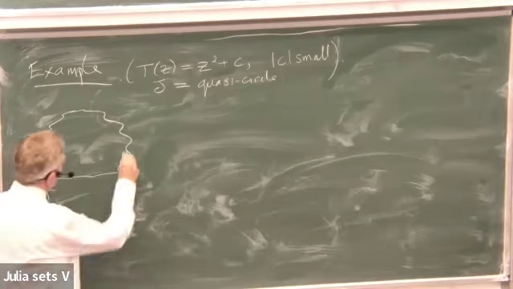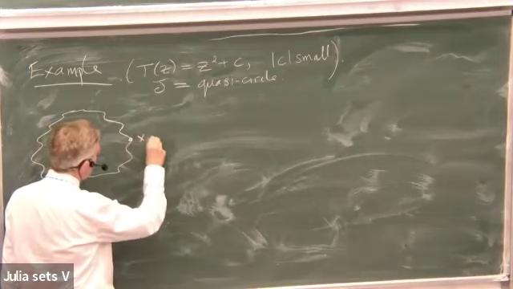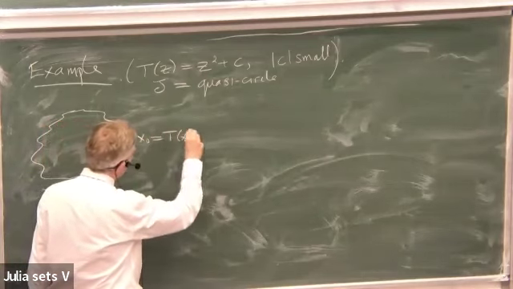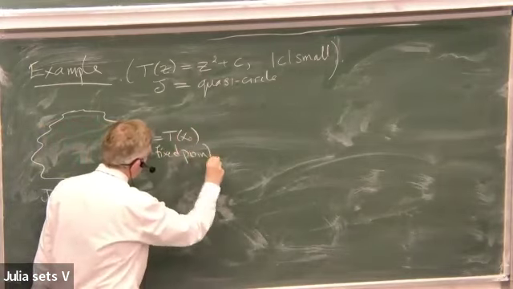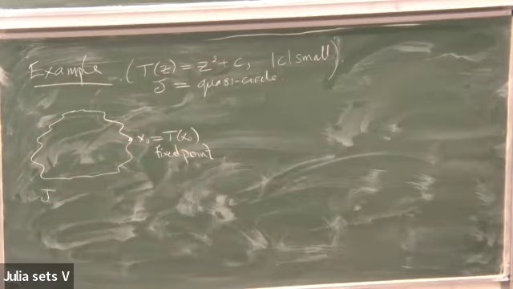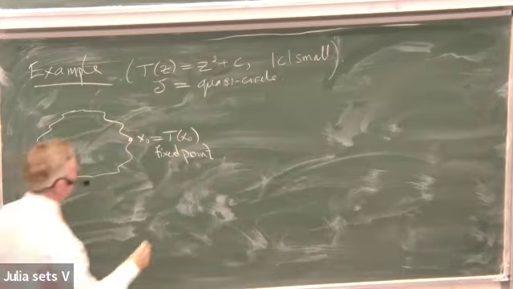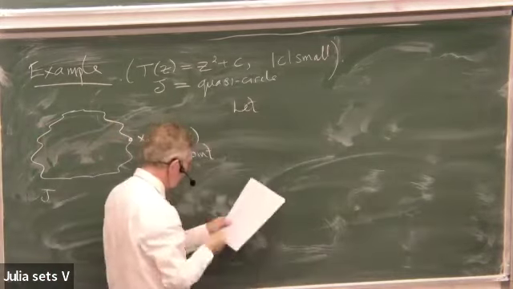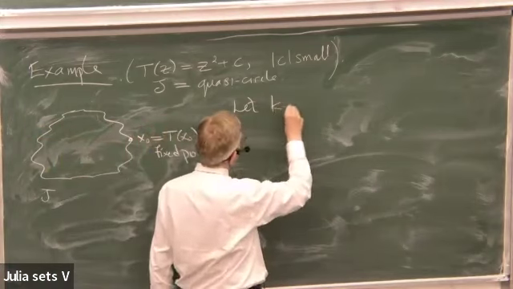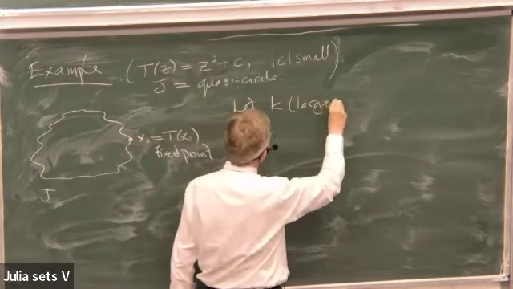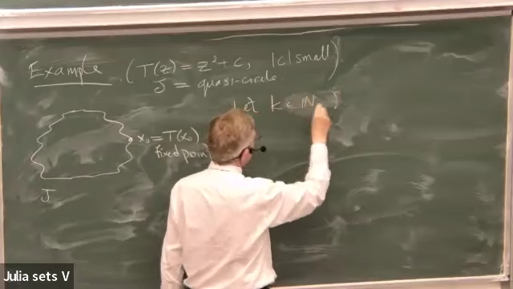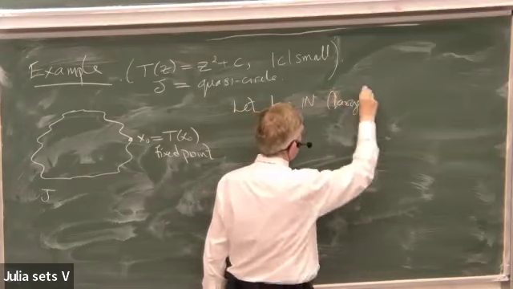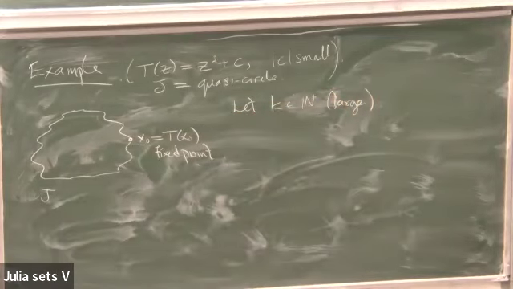And then I can look for a point here. This is going to be a fixed point. And from this fixed point, I'm going to do the following. I'll let K be large. Well, let me say K is a natural number, and it's going to be large. What does large mean? Let's say 20. 20 is kind of large.